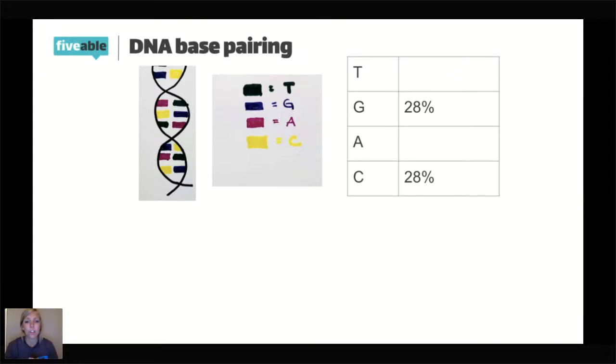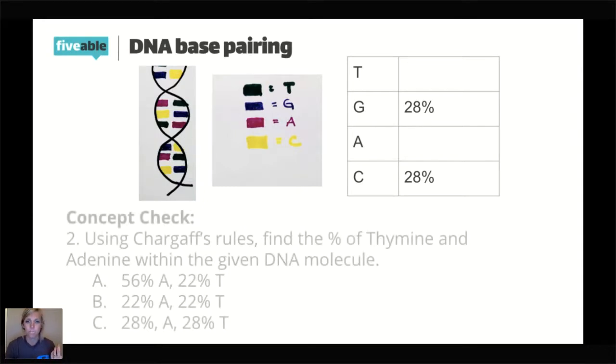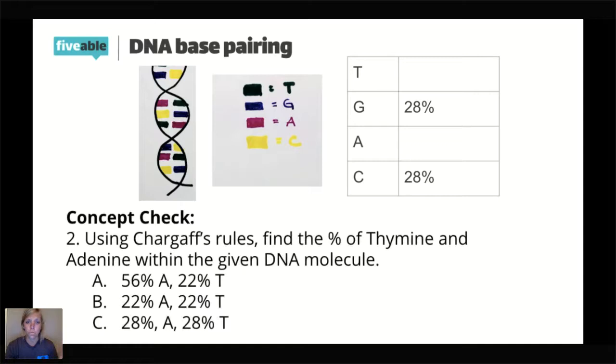So this is a question I like to give my students on small quizzes here and there. If I were to give you a rough percentage of what I have for G and C, figure out what A and T are. So this is concept check number 2, using Chargaff's rules, if you haven't learned about that yet.